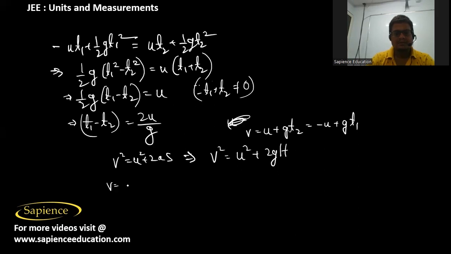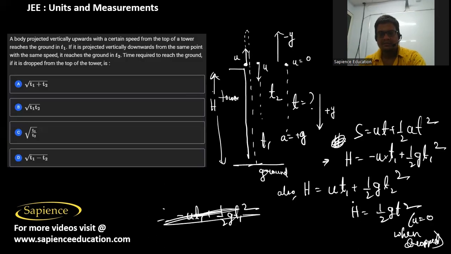And v is equal to gt also. So therefore you can tell g square t square is equal to u square plus 2gh, and h is dropped from the top of the tower.